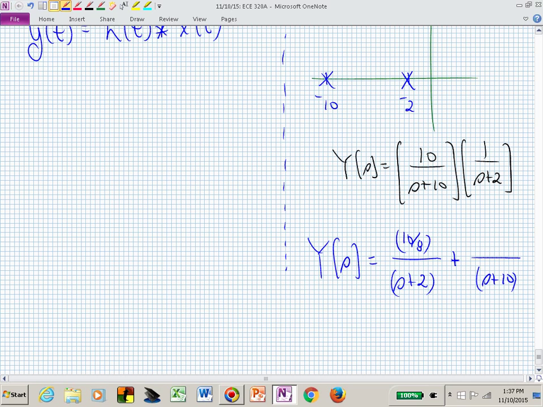What's the other gain? Now we multiply by S plus 10 and evaluate it at S equal to minus 10, and we now have 10 over minus 10 plus 2, or 10 over minus 8. What's this look like in the time domain?